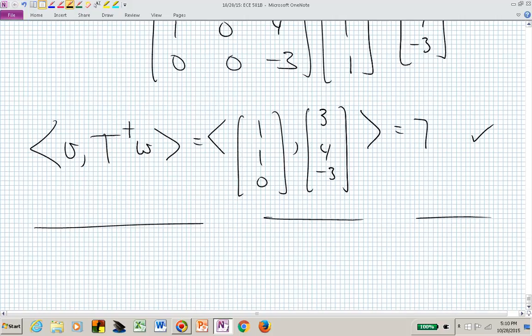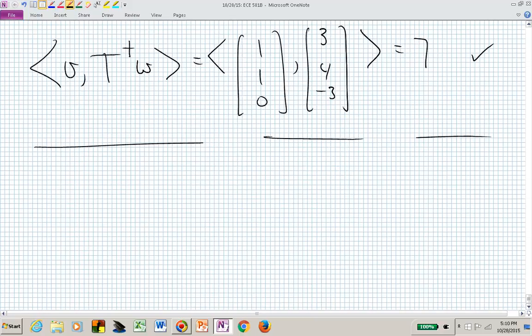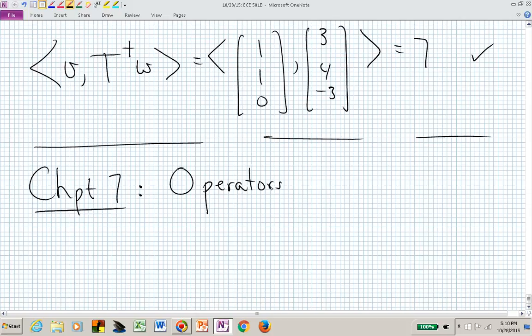That's now Chapter 6 of the second edition. Let's move into Chapter 7, which we've already been in since we've been starting to talk about adjoints, if we were looking at the third edition of the textbook. Chapter 7 is dealing with operators, and now we know what operators are, and we know what inner product spaces are.